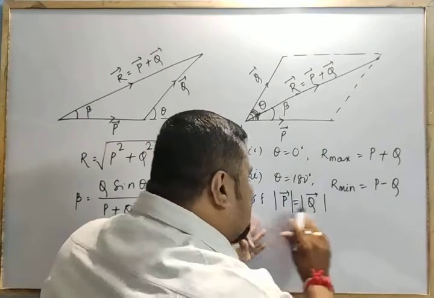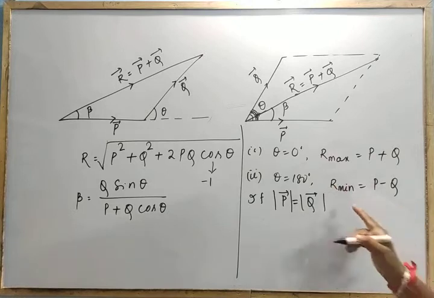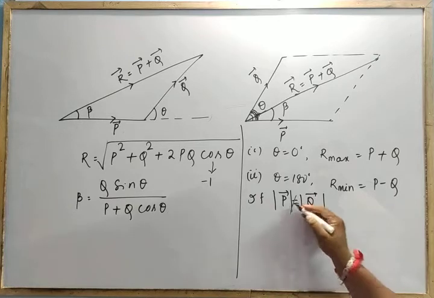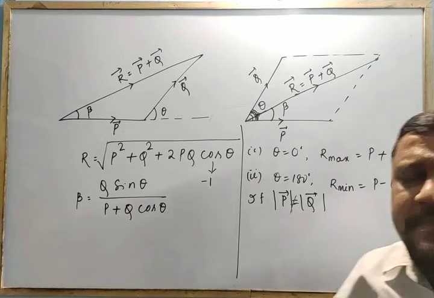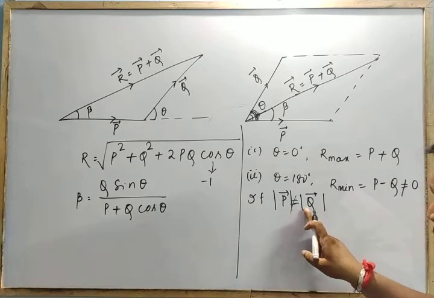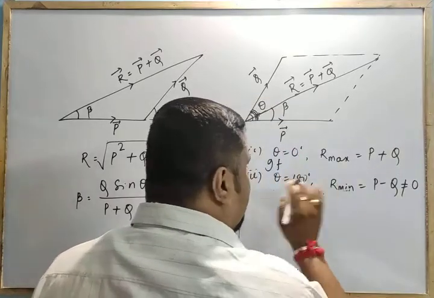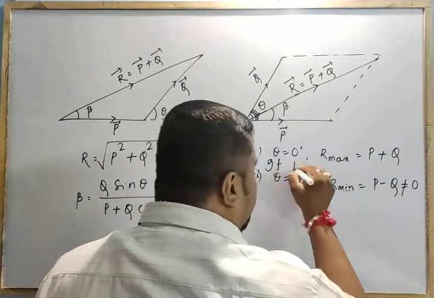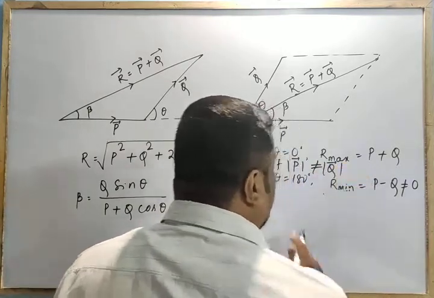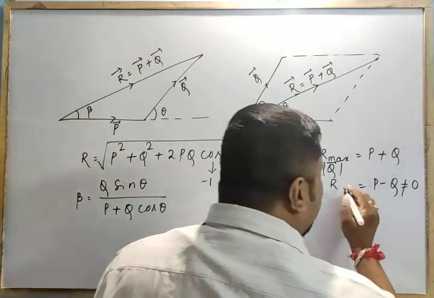So now, if P is equal to Q, the magnitudes of both are the same, then the minimum is 0. Now in this case, if P is not equal to Q, then R minimum is equal to P minus Q, and this will never be equal to 0. Take this as case number 3: if the magnitude of P is not equal to the magnitude of Q and theta is 180, anti-parallel, what is the minimum value?